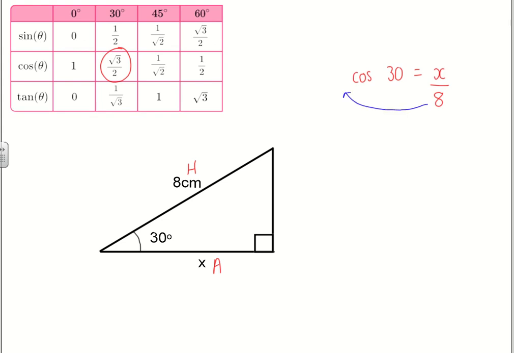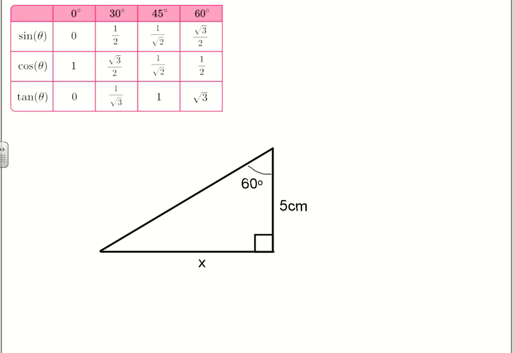So we're going to get 8 times cos 30. Cos 30 is root 3 over 2. So 8 times root 3 over 2, which is just 8 root 3 over 2. And because 8 can be divided by 2, I can tidy that up a little bit. That would be 4 root 3. I can't do anything with the root 3, but I can do 8 divided by 2 is 4. So 4 root 3.